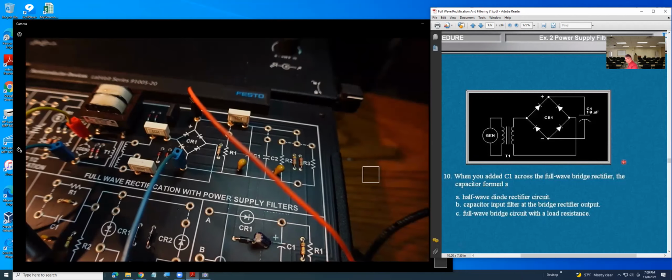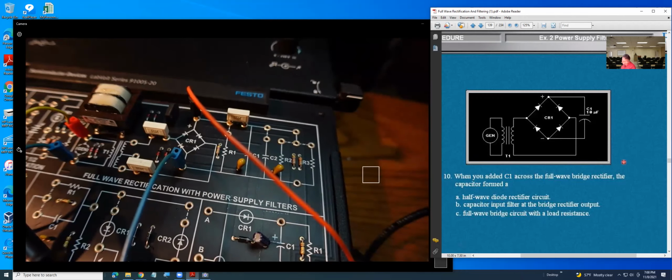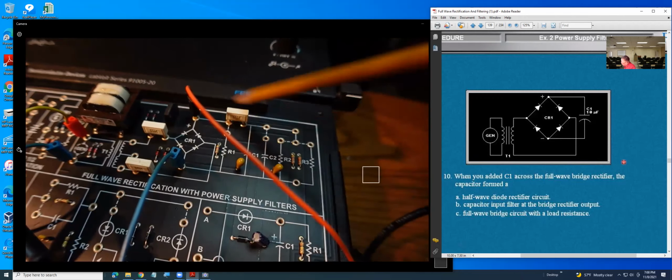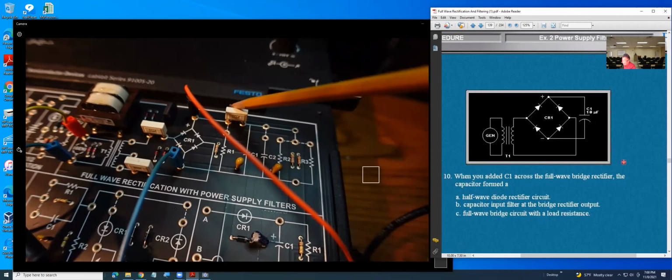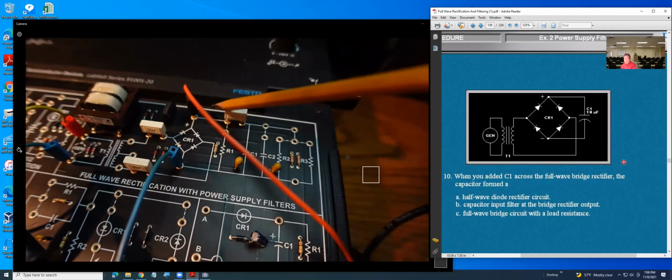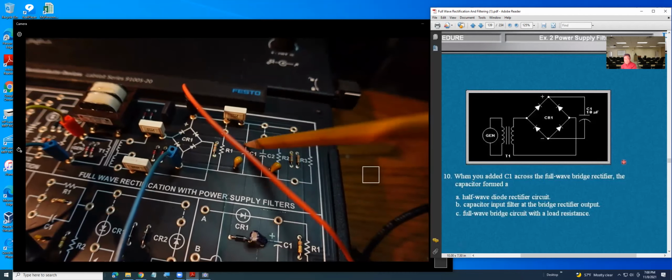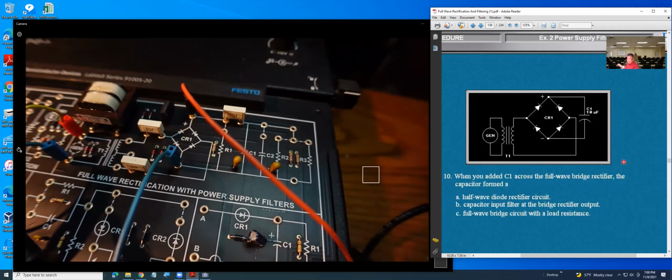Okay, so you see that when I connect the jumper here, you connect the C1. Okay.